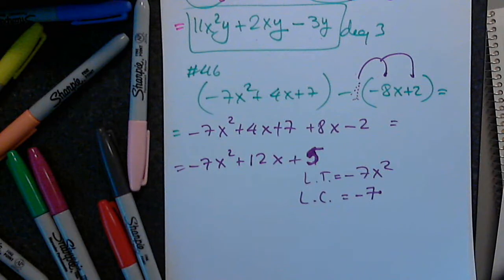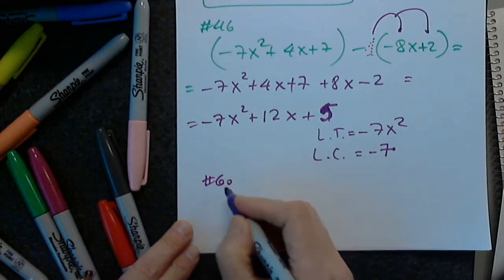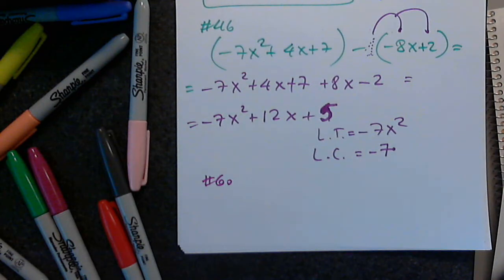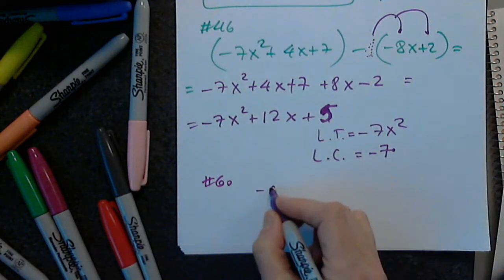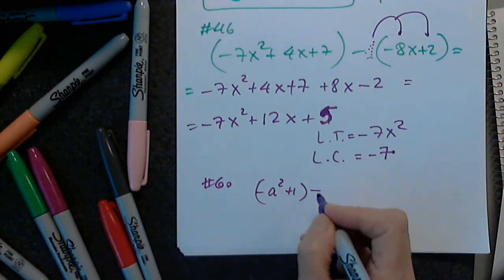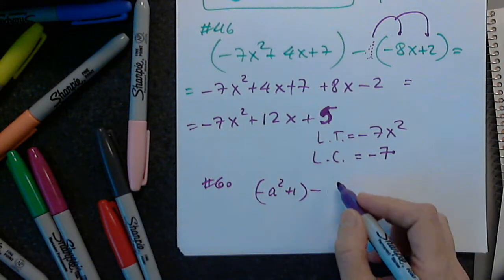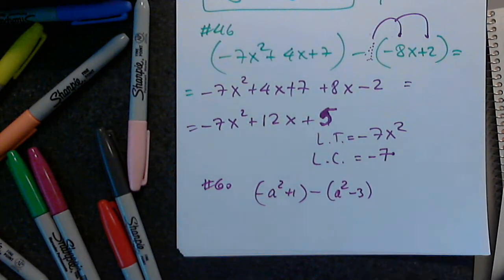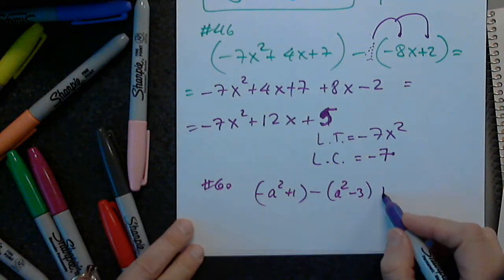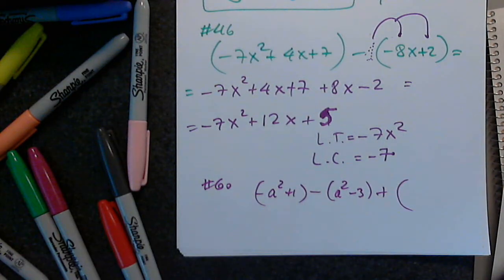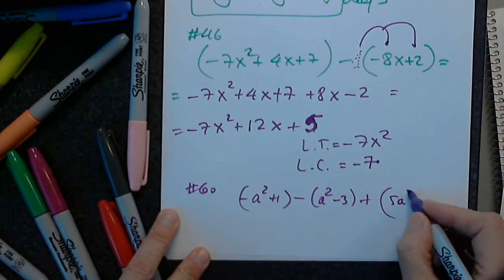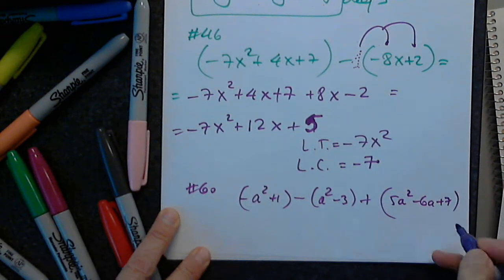Okay, so let's look at 60. Same page, 3 to 28. Negative a squared plus 1 minus, in parentheses, a squared minus 3 plus, in parentheses, 5a squared minus 6a plus 7.